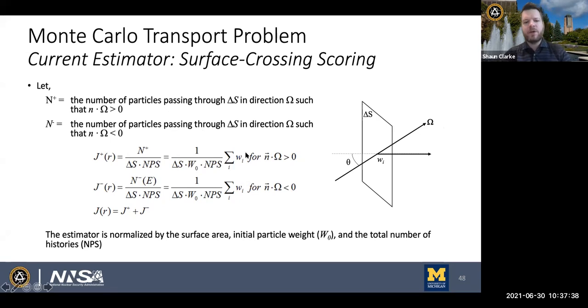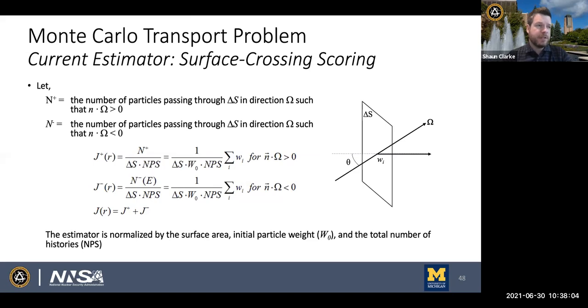We mentioned this very briefly on Tuesday, but particle weight is a quantity that's used in Monte Carlo to keep track of the statistical contribution that a particle track has to the solution. In general, particles are born with weight 1, and if there's no statistical biasing happening anywhere in the problem, the particle's weight will stay 1 for its entire life.